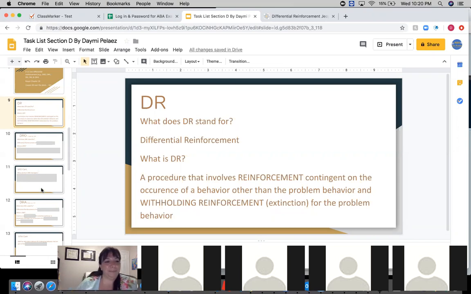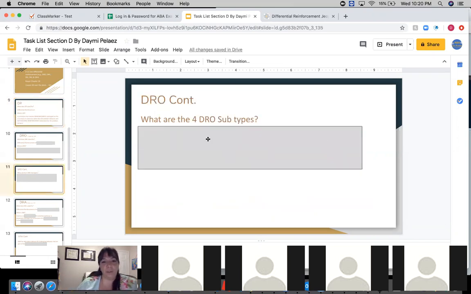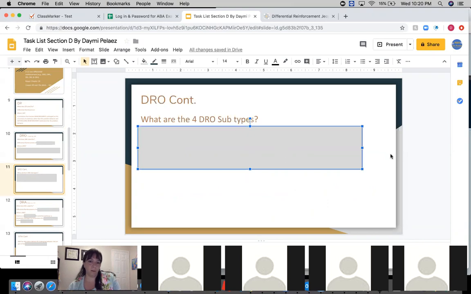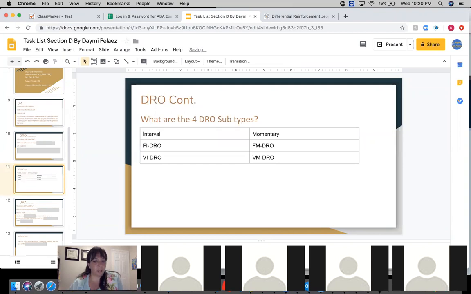All right, and we're going to do DRO continued. What are the 4 DRO subtypes? This is specifically DRO. The 4 DRO subtypes are split in half, which is interval and momentary.